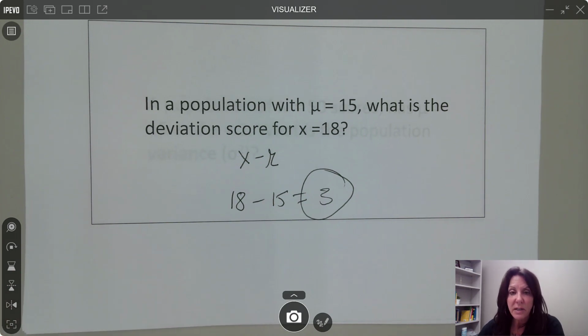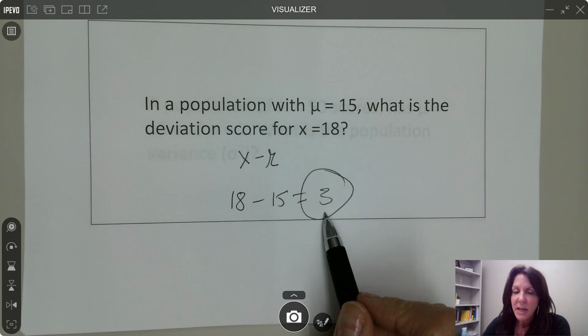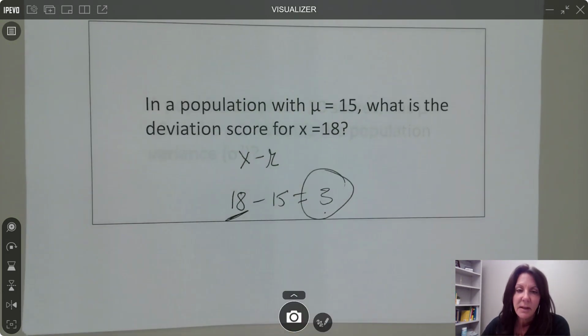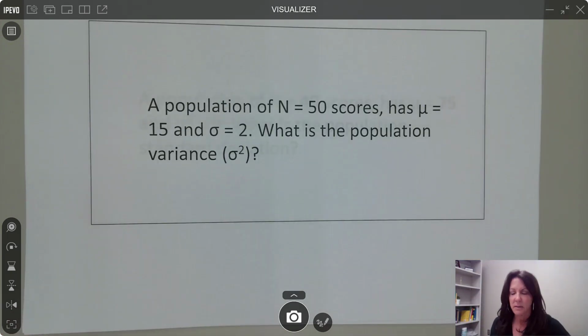We have to find those deviation scores on the way to figuring out our sum of squares, on the way to figuring out our variance and standard deviation, whether in a population or a sample. So this is a deviation score of 3. That tells me that the score of 18 is 3 units above the mean, basically, or 3 points above the mean. Okay, deviation score.